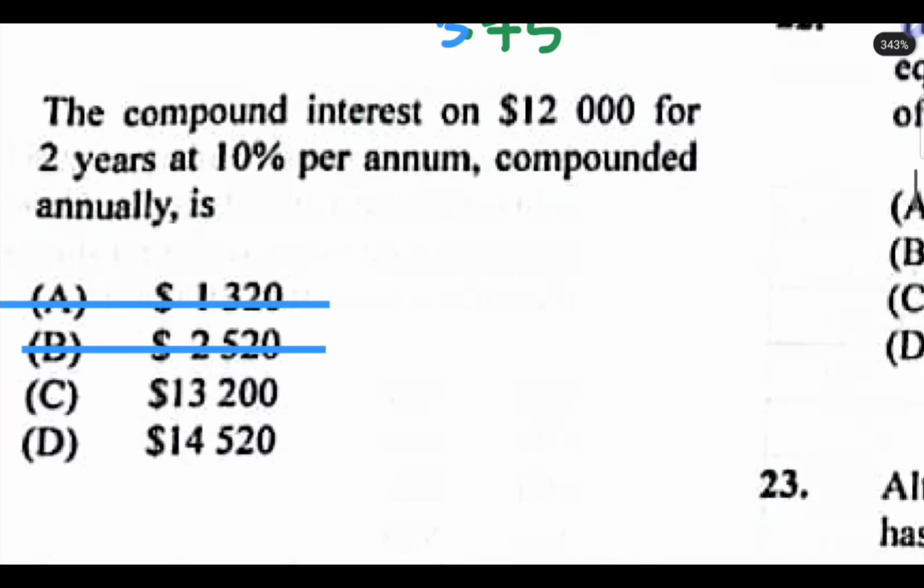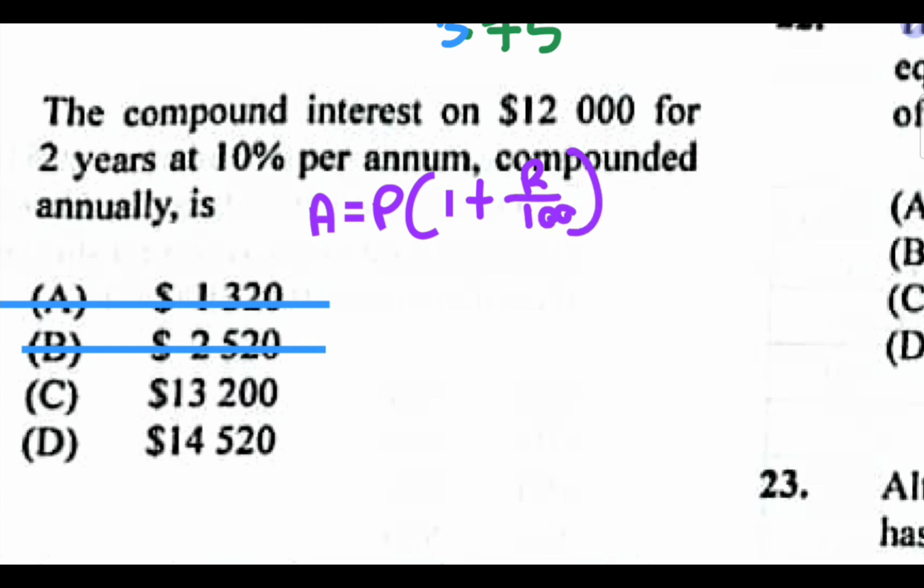The compound interest formula is A is equal to the principal, open bracket, 1 plus R over 100, close bracket, raised to the power of N. You're supposed to recognize that N represents the time, R represents the rate.